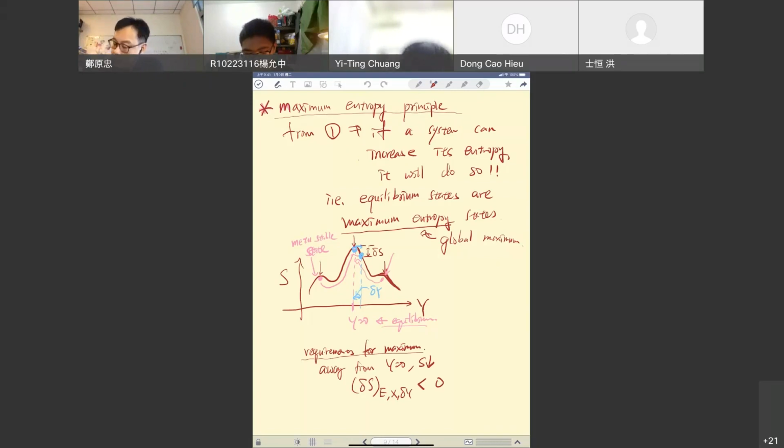This is basically a first derivative statement, a linear displacement. And the square of this displacement is the second order deviation. Because it's a maximum, this must also be negative at this point.